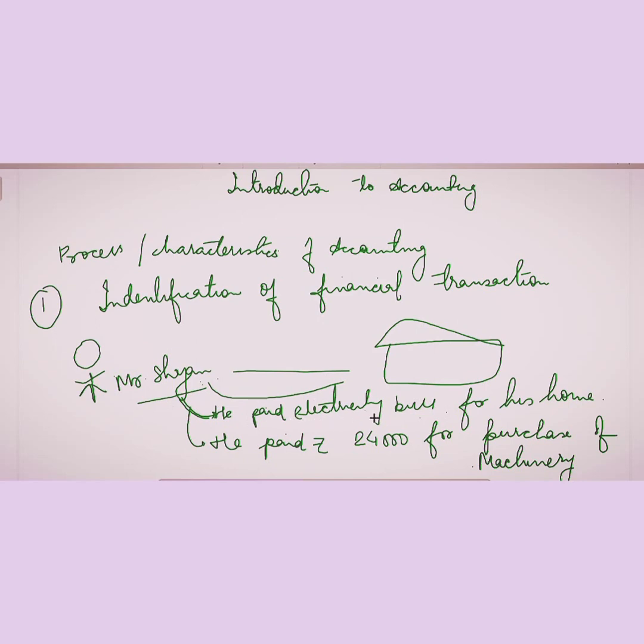He paid electricity bill for his home, which means this is a personal expense. He is not investing in his business. And the second transaction is he paid 24,000 for the purchase of machinery, which is related to his business. So will these two be recorded in transactions? No. Only this part will be recorded in the business transactions, right?